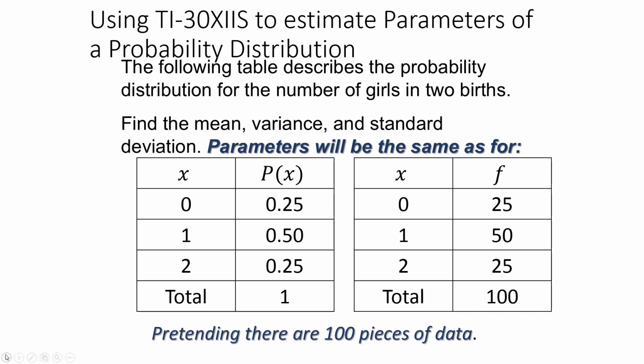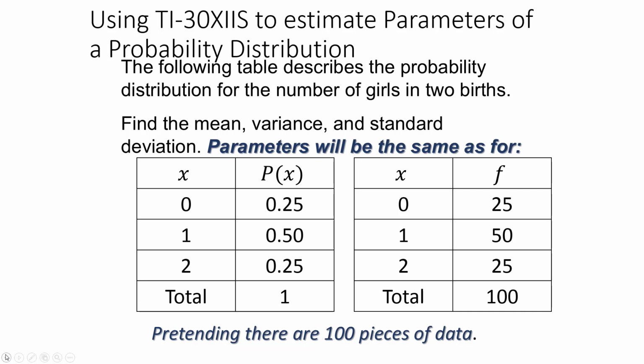Since, for example, the data value 0 occurs a quarter of the time, we're going to pretend that there were 25 of those. So I just moved the decimal 2 places over. Do you see that? Okay, and then since the data value 1 occurs 50% of the time, has a probability of 0.5, that would mean 50 out of 100. I'm doing this because your calculator does not want your frequency to be a decimal.